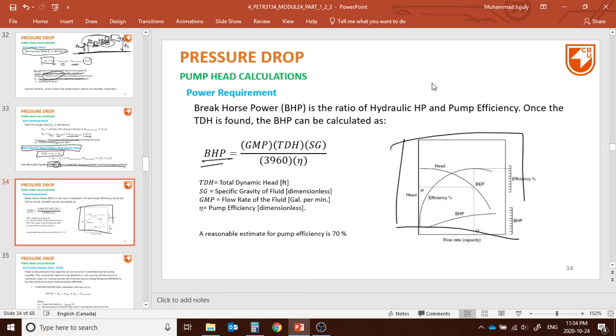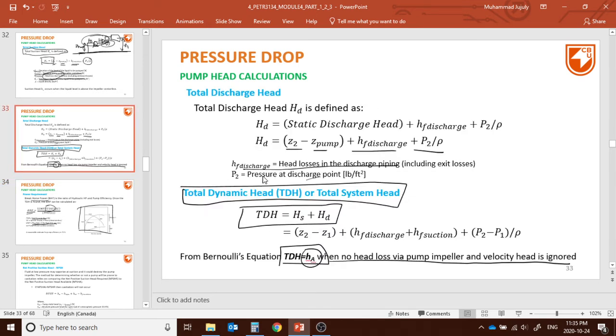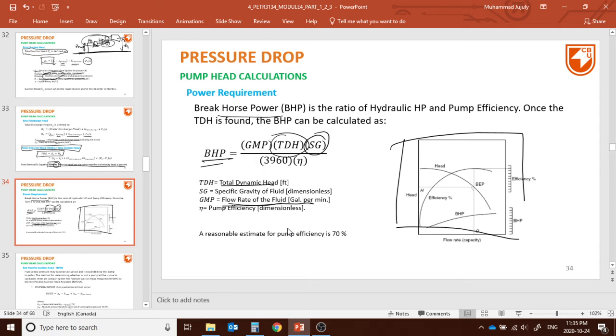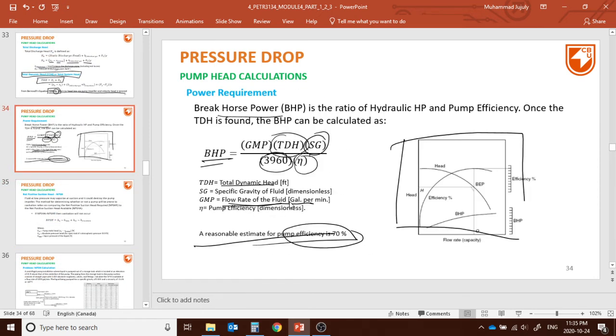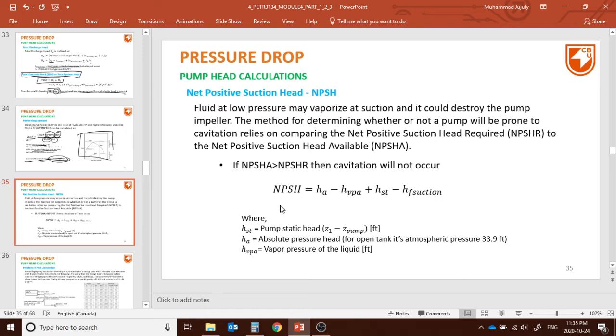The formula is bhp, or brake horsepower, equal to the flow rate GPM, the gallons per minute of the fluid, times TDH, the total dynamic head we calculated here, times SG, the specific gravity of the fluid, divided by a unit conversion factor and eta, the pump efficiency. Usually the pump efficiency is 70%. This is how we calculate the brake horsepower.